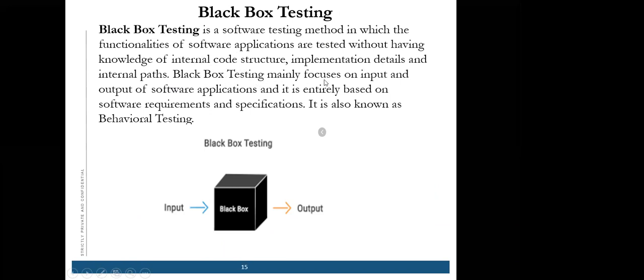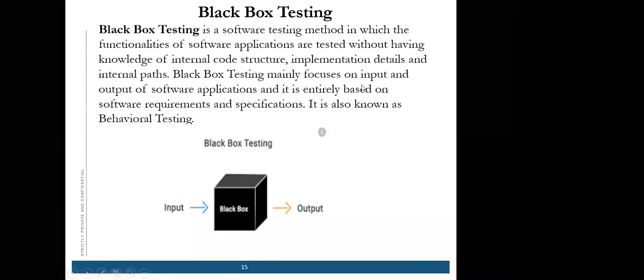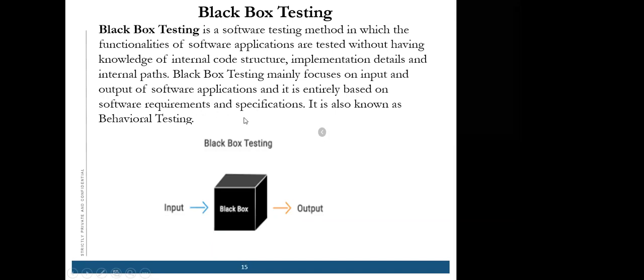So black box testing mainly focuses on the input and output of the software application, and it is entirely based on the software requirement specification, which is called SRS. Okay, so it is also known as behavior testing, as I told you. So this is all about black box testing.